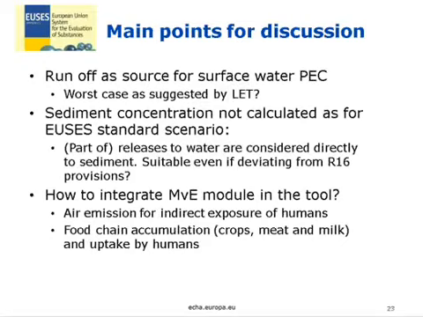The sediment concentration is not calculated as it is in the R16 guidance. It's basically more related to a sort of direct release to the sediment itself. Is it suitable, even if deviating from R16 provisions, or not?